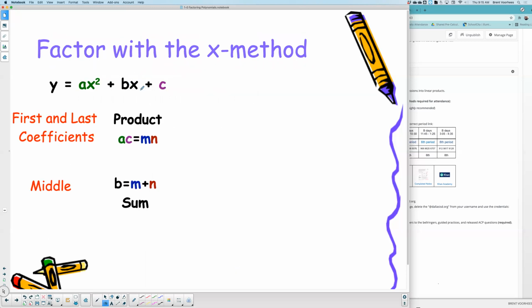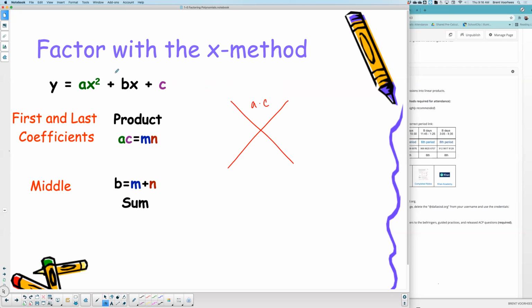So first step for any problem is we will look for a GCF. Okay, and so after we do that, we'll get into the X method. So what is the X method? The X method is you'll have an X, and you should have this on your notes so later on you can come back and look at it. Up at the top of the X, I'm going to write out whatever the product of a times c is.